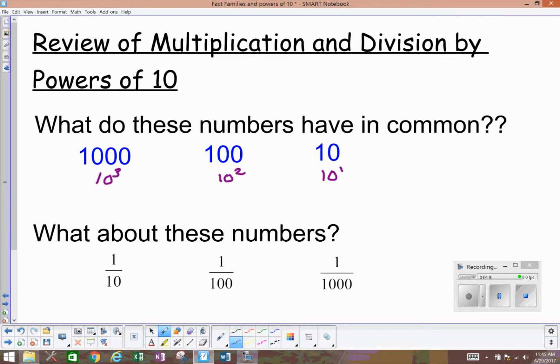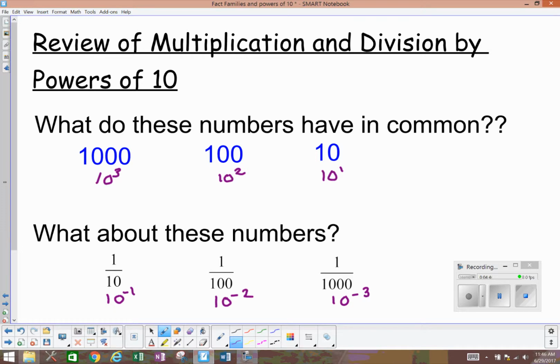But in the world of math, when you have the reciprocal of a number, there is a way that you can write it that is not fraction form, and that is using a negative power. So 1 over 10 would be the same as 10 to the negative 1. 1 over 100 would be the same as 10 to the negative 2. 1 over 1,000 would be the same as 10 to the negative 3.